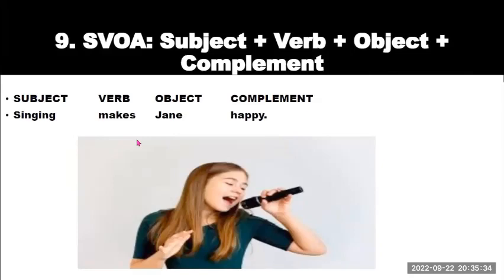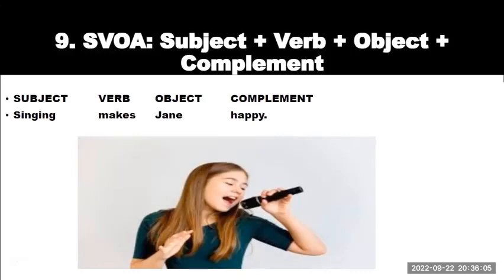For example, if we say singing makes Jane, it's incomplete. Makes Jane what? So happy is needed to complete the meaning of the object, and that's why we call it the object complement. Singing makes Jane happy. Something could make someone angry, but in this case, singing makes Jane happy.